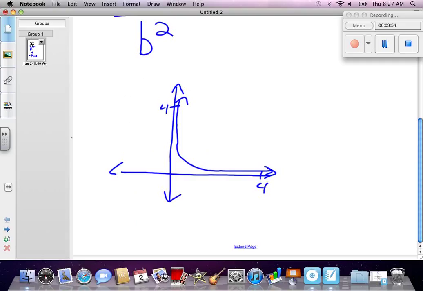Okay, and we want to know if it's y equals 4 to the x, y equals 5 to the 4x, y equals 1/4 to the x, or y equals 5 to the 1/4 x.